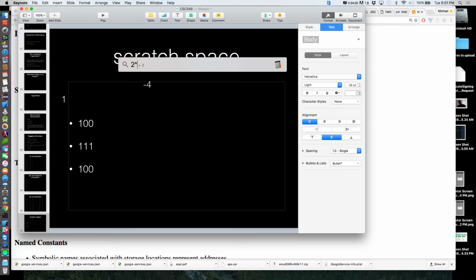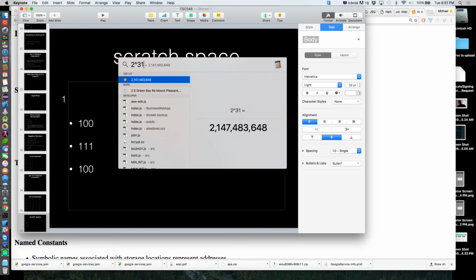It's 2 to the 31st power. So it's -2,147,483,648 to 2,147,483,647. That's the range. And then if you want to do this for 64-bit, it's that. Yikes. That's the negative, and then the positive is that -1.